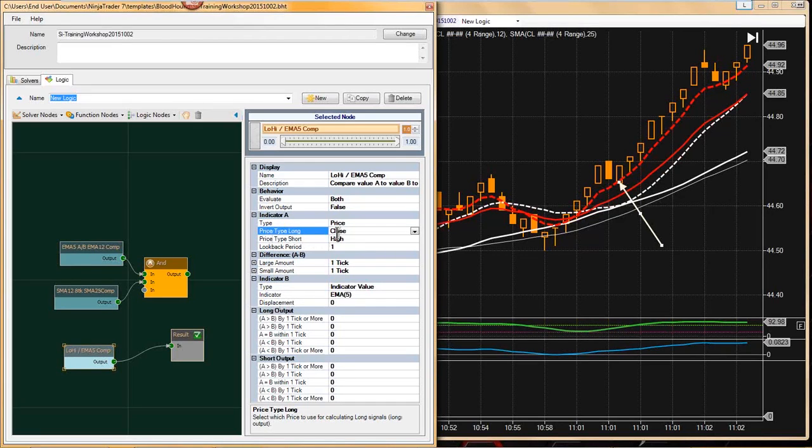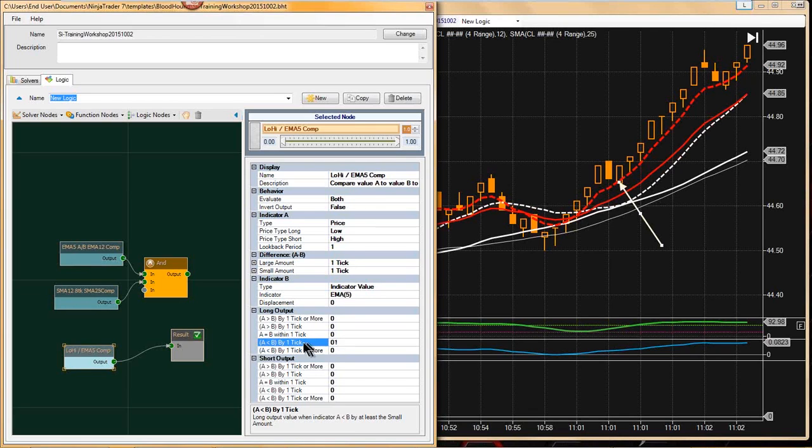Oops, don't double click on that. Let me go back to the low price. All right, so in this text here, A is going to be the low price. B is going to be the EMA. So when A is less than B, we want an output here.